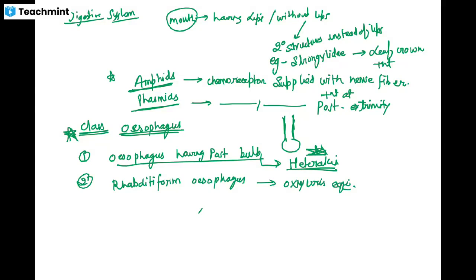And third one is the club shaped esophagus. Club shaped or strongyliform esophagus. As the name suggests, it is present in strongylid nematodes.